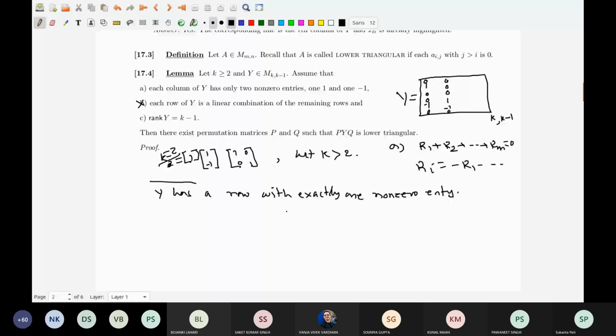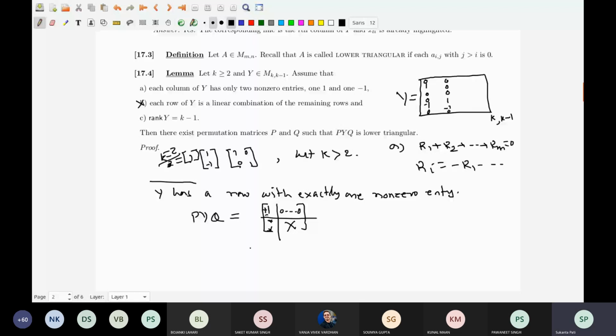Then with some permutation matrices P and Q, PYQ would look like 1, then 0 0 0 0, then some star column, and then a big matrix X. It may be a plus or minus 1, it doesn't matter. Exactly one non-zero entry, because Y has 1 and minus 1.